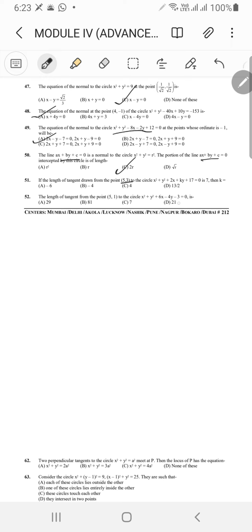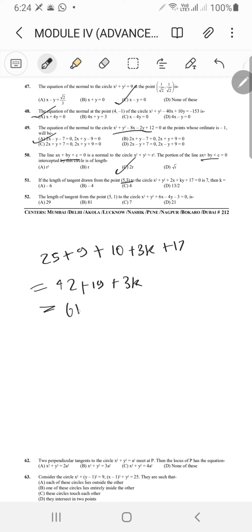So just put 5 comma 3 into this. So it's going to be 25 plus 9 plus 2x, which is 10, plus ky plus 3k plus 17, right? 25 plus 9 plus 10 plus 17 is 61. Yeah, 61 plus 3k. Okay, so this is t squared.